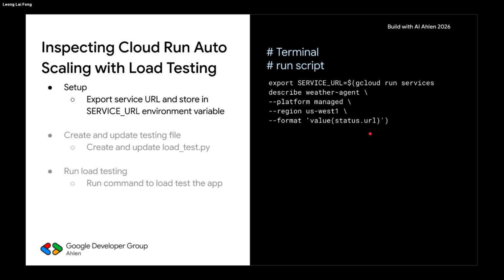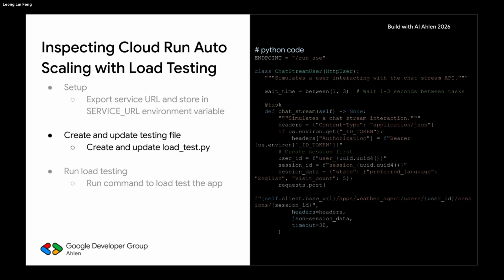Next, let's take a look at the load test here. In the load test, what we are trying to do is have this streamer user simulate different traffic or incoming requests. We have a wait time between 1 and 3 seconds for each task we send as new requests.